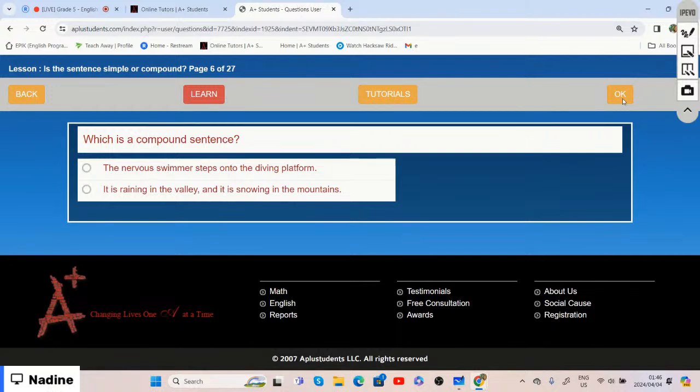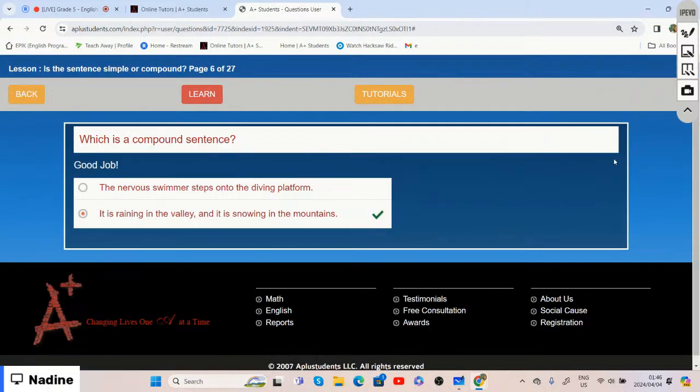All right, and if we are going to choose the compound sentence, then we will choose the second option.